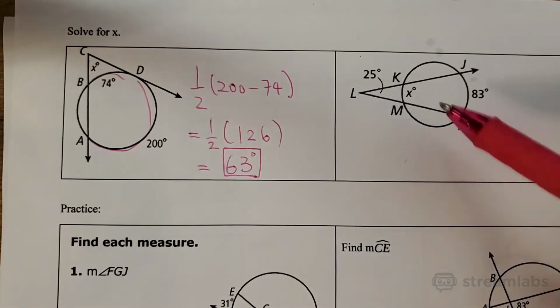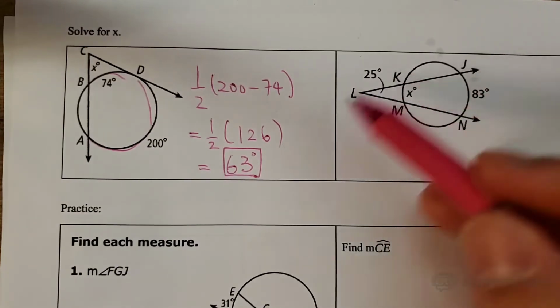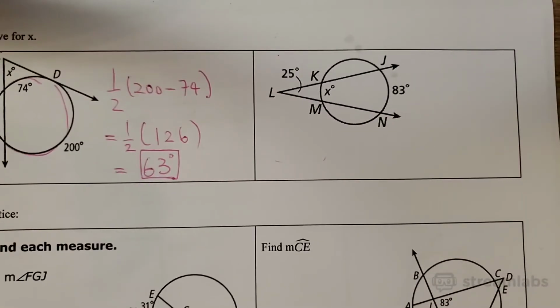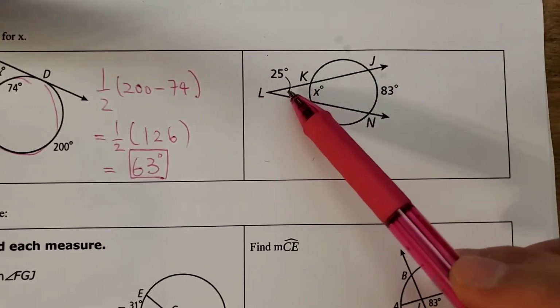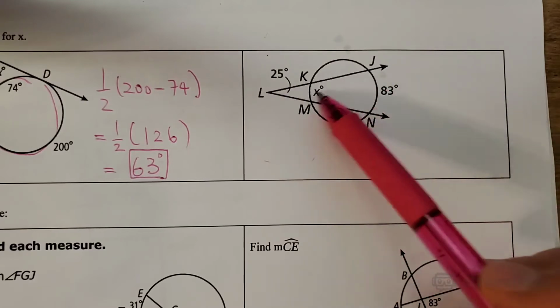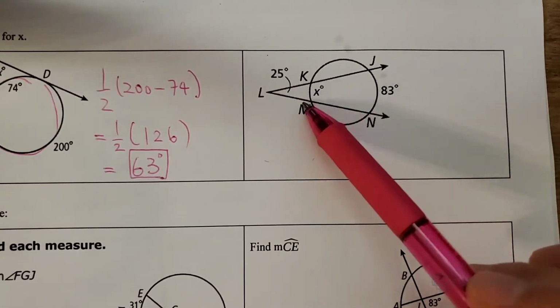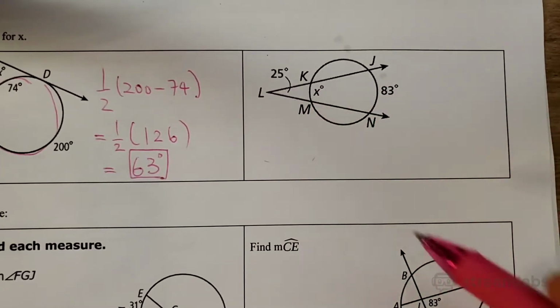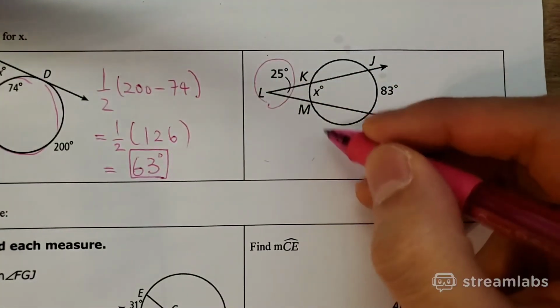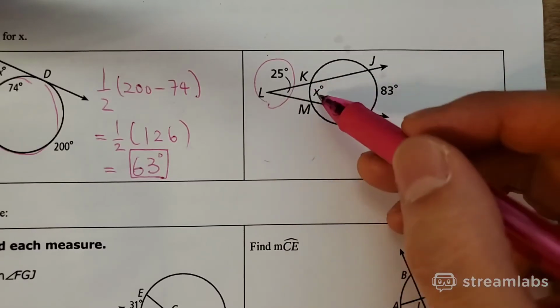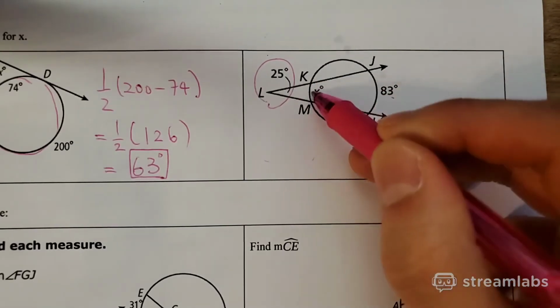Okay, so the next one. This one's a very typical problem that we see multiple times, which is they give you the answer, right? But they don't have one of the arcs. So the setup is the same. Your answer would have been gotten by 1/2 this minus that, right?